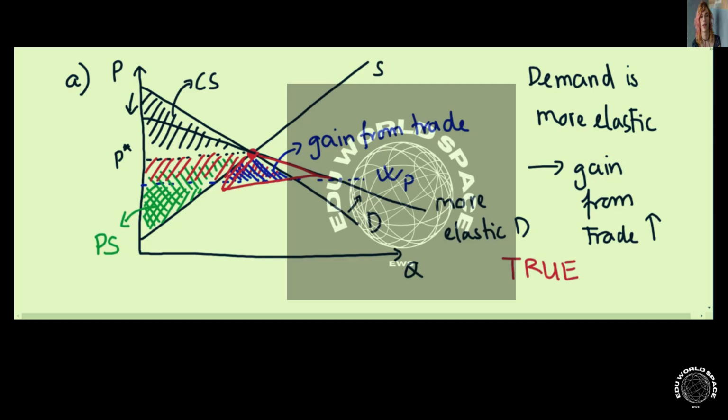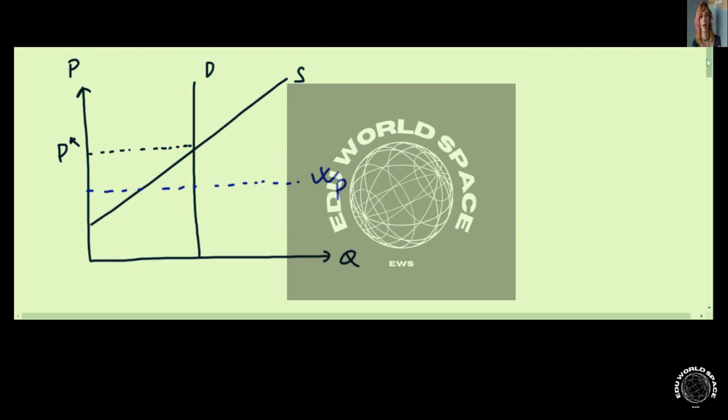For part B and C, I will use the same graph because these two questions all deal with the same situation, a perfectly inelastic demand. The demand curve is a vertical line.